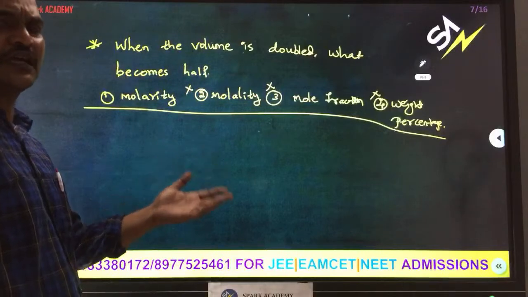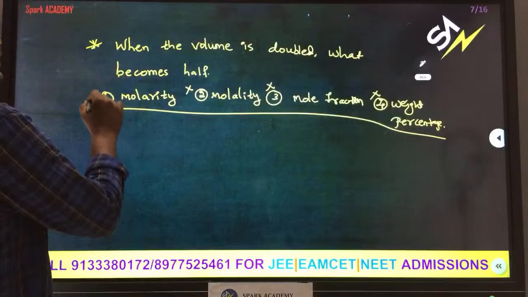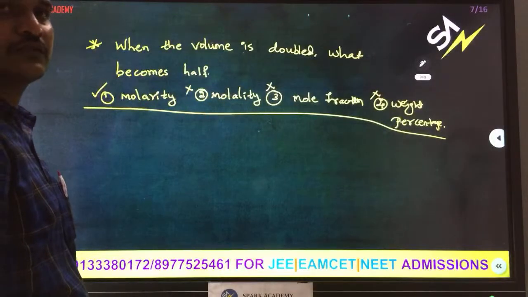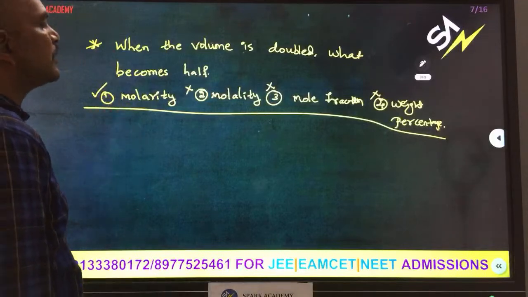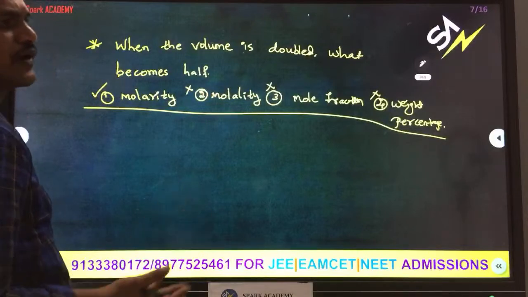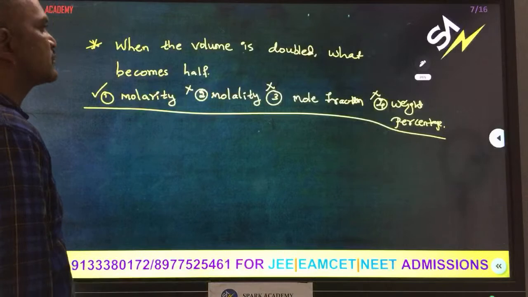That we learned completely. So volume comes here in the molarity. That's good. So this is the answer that we can write. Okay. The proof also you will need for this one. Then let us do it.